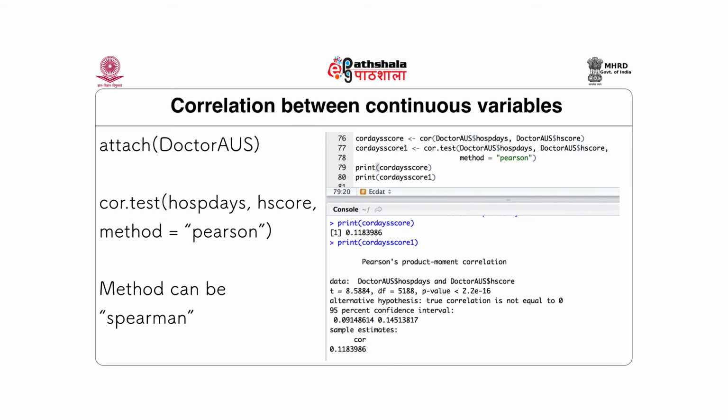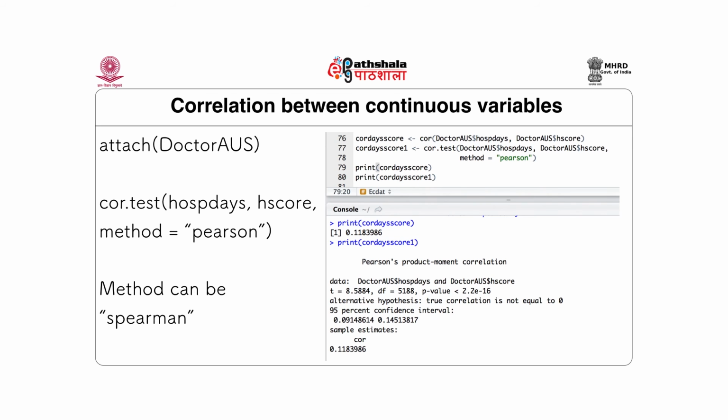And just one function, cor.test, can give you a fairly good sense of what the correlation is. It gives you the statistic, it gives you the p-value, it gives you a 95% confidence interval, and you can specify what kind of correlation you would like. So your function is cor.test.